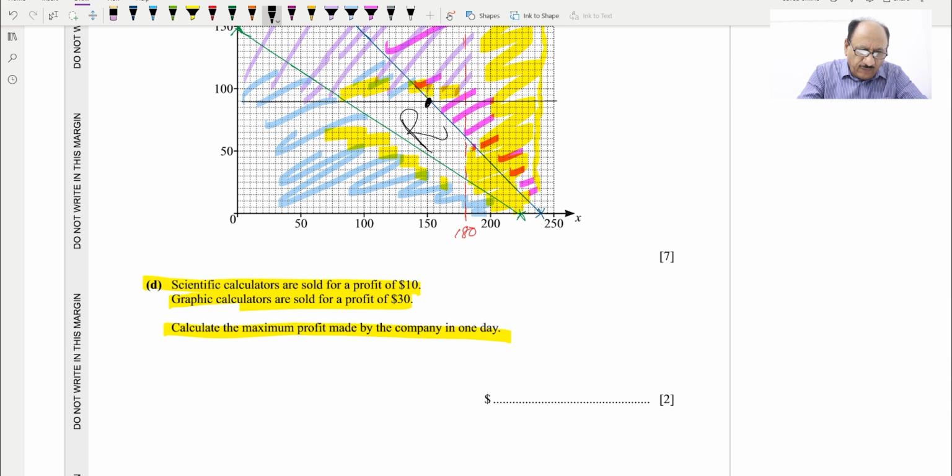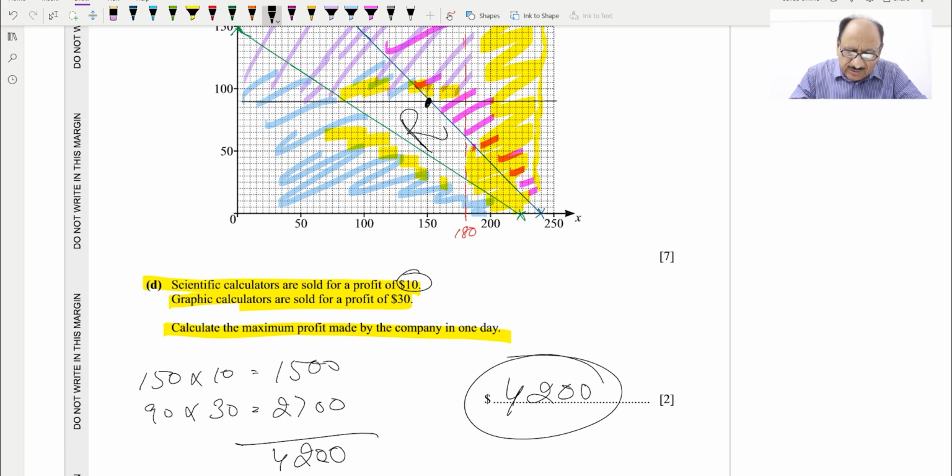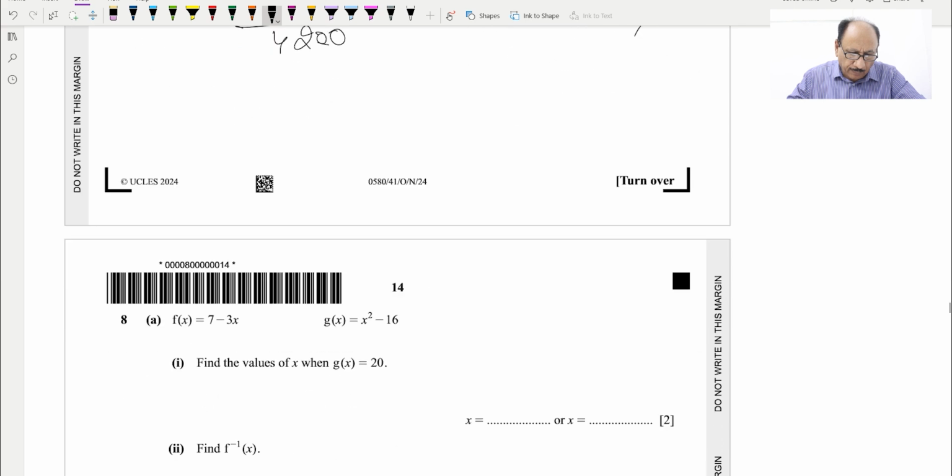So 150 into 10, profit for x, and 90 into 30. So this will be 1500 and this will be 2700, and total profit will be what? 4200 will be the total profit. This will be the maximum profit. If you consider other points in this region, those will not be giving more than this profit. So this will be our answer. Hopefully you understood this for 2 marks.